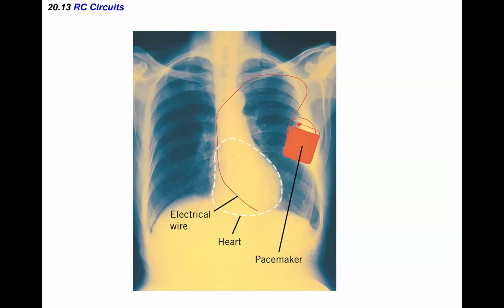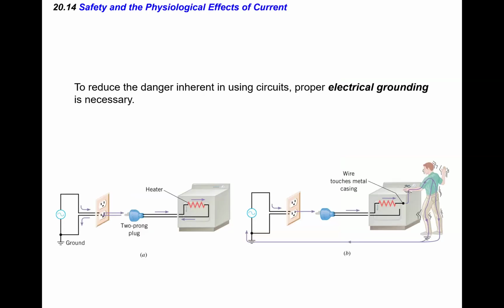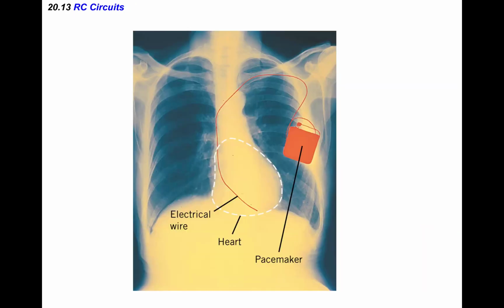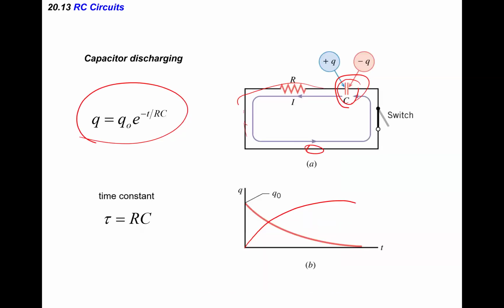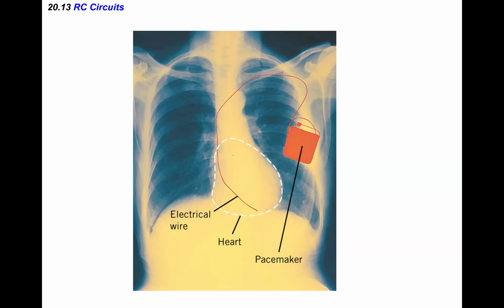And we have RC circuits. There are a lot of applications of capacitors in our daily life. We are going to do some charging and discharging experiments later, so you know how a capacitor works. But for today, we are going to stop here.